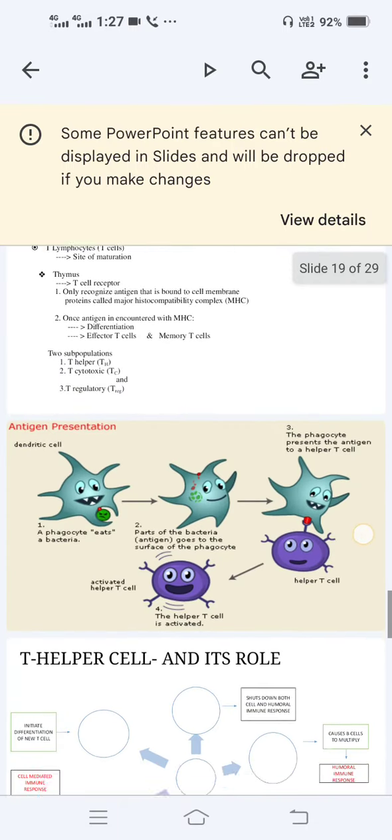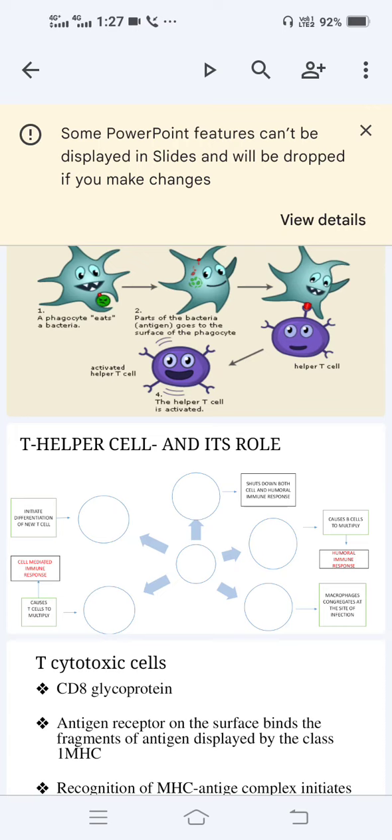Antigen presentation. Helper T cells. When T cells get activated, suppressor T cells suppress, which shuts down both cell-mediated and humoral immune response. When T cells bind to the B cell antigen complex, it leads to B cells multiplying and a humoral immune response.